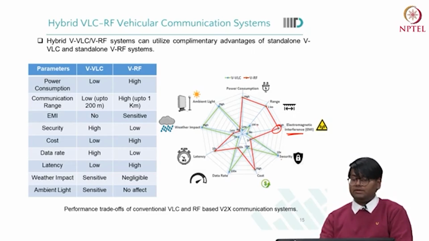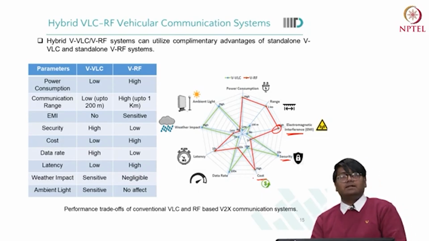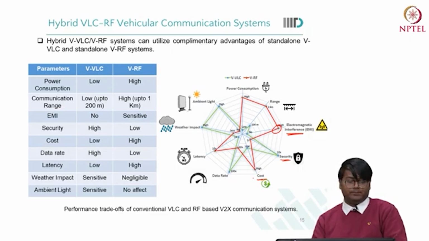When it comes to security, because of its line of sight nature, vehicular VLC is highly secure as compared to vehicular radio frequency communication. When we see the cost, since it makes use of the existing infrastructure, vehicular VLC is more economically viable as compared to vehicular radio frequency communication.